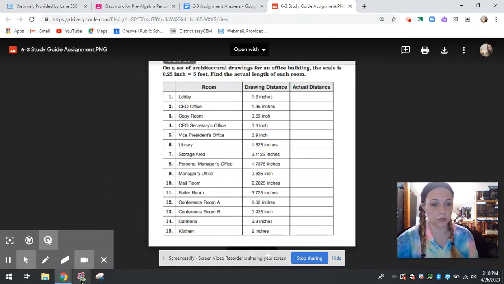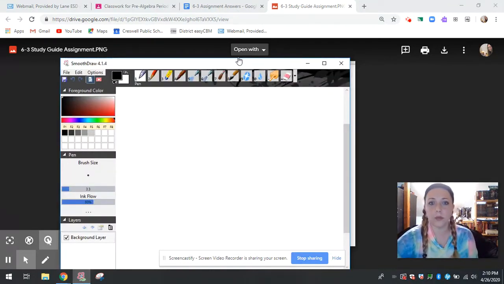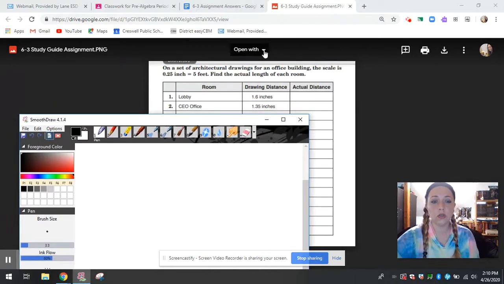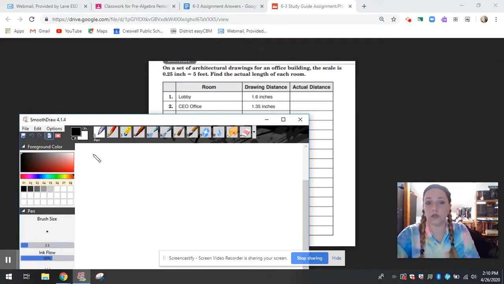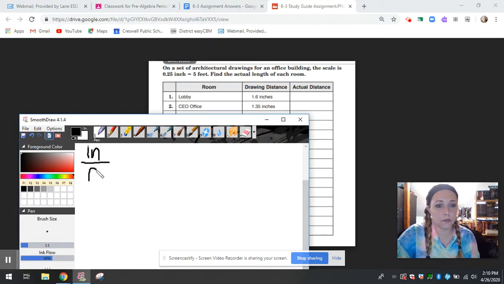So I'm going to go to where I have this app so I can work out problems, but you could just use a piece of paper and a pencil. So I'm going to set up my proportional equation. I have to know what two things I'm comparing. I'm comparing inches and feet. So I'll just put the inches on top and the feet on the bottom.